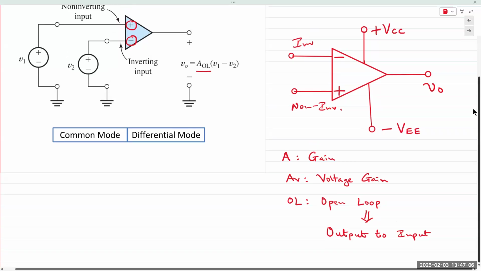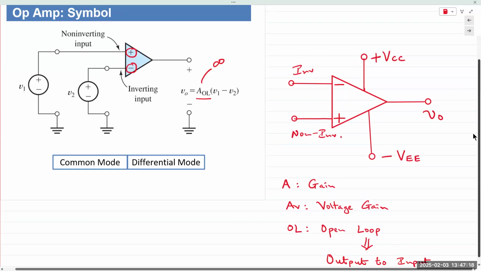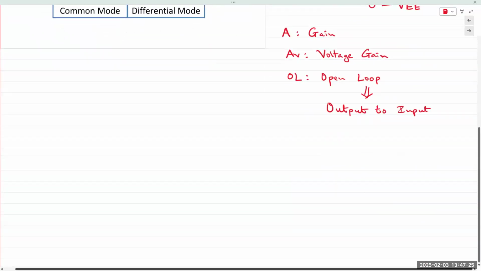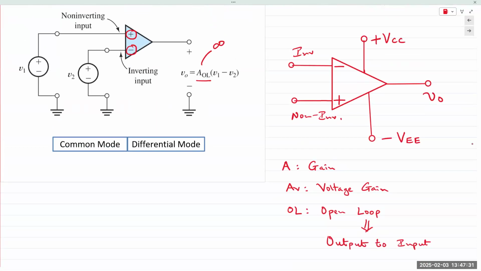So the property of an op-amp is that the open loop gain is infinite, and it amplifies the difference between the two input signals, V1 and V2. So there are two modes of operation.